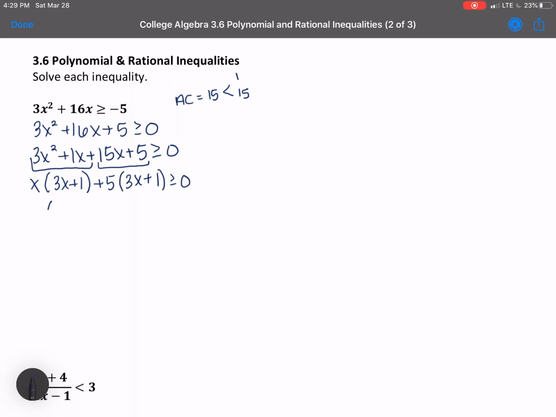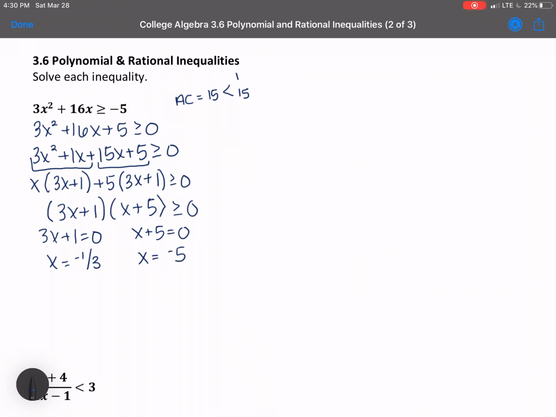So our factored form, 3x plus 1 times x plus 5, is greater than or equal to 0. If we wanted to solve for x, 3x plus 1 equals 0 and x plus 5 equals 0 would give us the x values of -1/3 and -5. So now we know when we look at that graph that those are our x-intercepts.